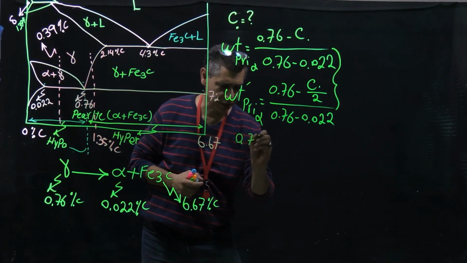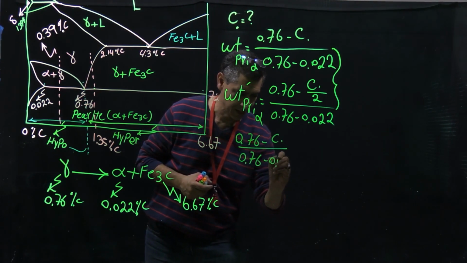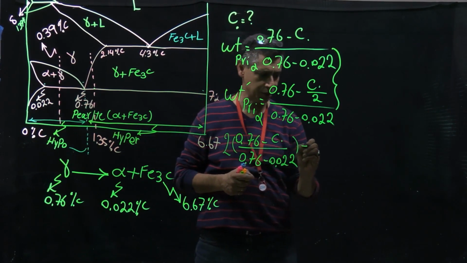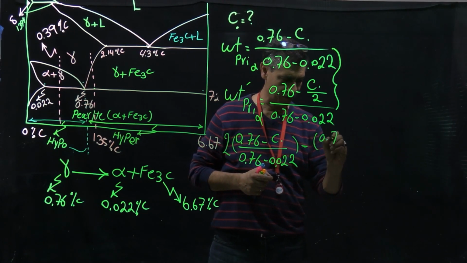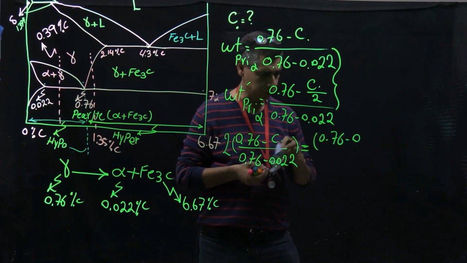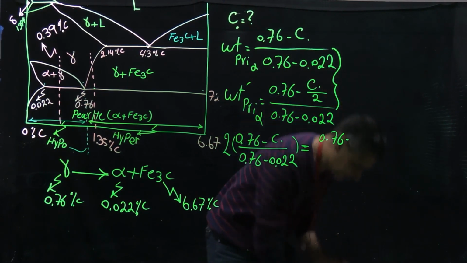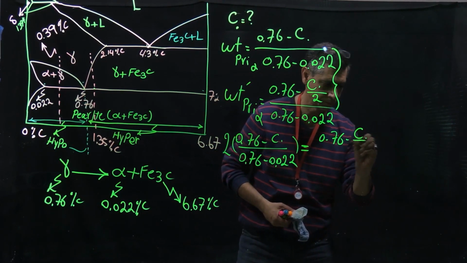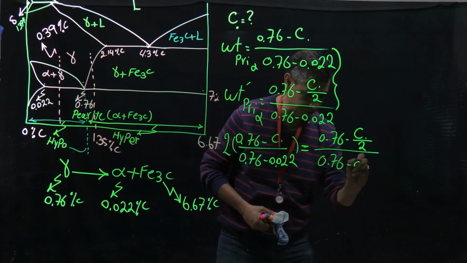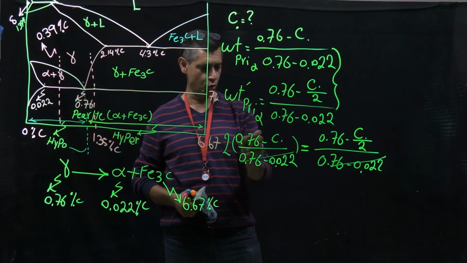So 0.76 minus C sub 0 divided by 0.76 minus 0.022, twice as this, is equal to 0.76 minus C sub 0 divided by 2, divided by 0.76 minus 0.022. So this cancels this, twice as this.